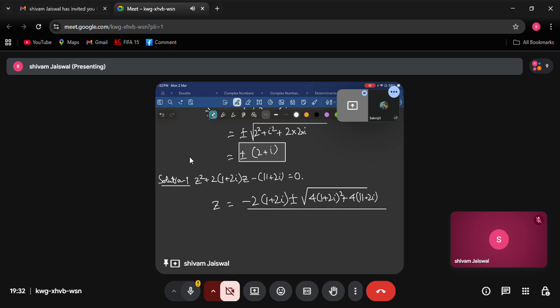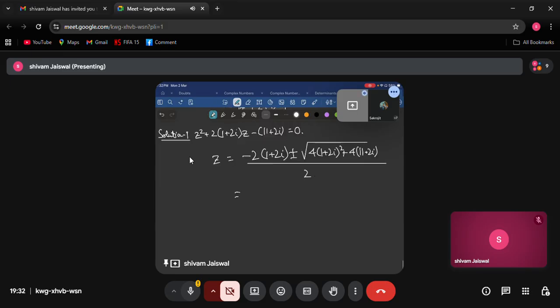upon 2. This will give us minus 2 into 1 plus 2 iota plus minus, 2 will be outside, square root of 1 plus 2 iota whole square. That will give us 1 minus 4 plus 4 iota plus 4 plus 8 iota upon 2.